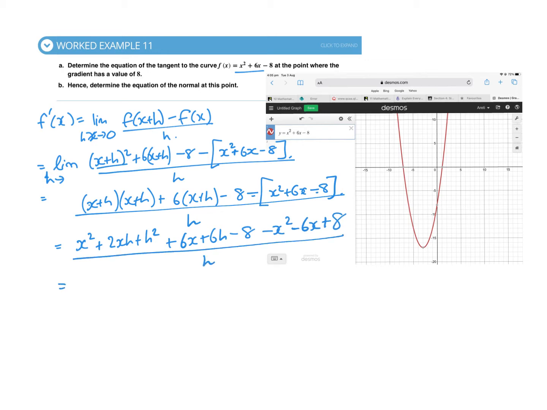Now from here on we have just a tidy operation. So let's find some nice highlighter and find some similar things to sort out. I can see that we have an x squared and a minus x squared, so they're going to cancel out. X terms, we've got a minus 6x there and a plus 6x there, so they will cancel out.